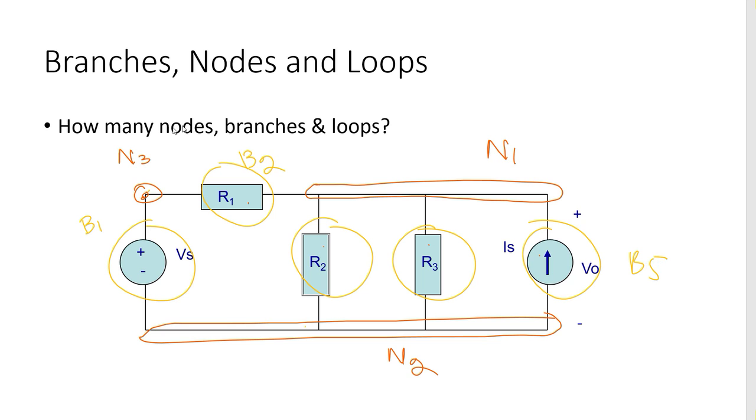So we are having 3 nodes and 5 branches. Now let us calculate the loops in it. The direct method will give us the number of loops. So let's draw it. This is our loop 1, loop 2 and loop 3. So 3 loops in it.